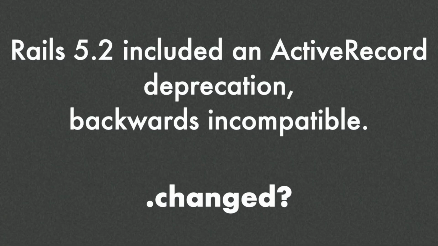Another case, and maybe some of you remember this because it was talked about a lot at that time, was how dirty attributes worked. Before, in Rails 5.1, you did user.name = Cristian, user.save, user.changed, and that would return true. In 5.2, they changed it so that if the change has been committed, user.changed should return false.